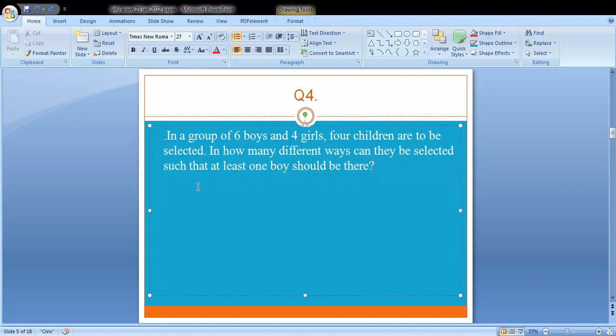At least one boy means the minimum one boy must be there. If there are 2 boys also, it's okay. If there are 3 boys, it's okay. If there are 4 boys also, it's okay because 4 children are to be selected.